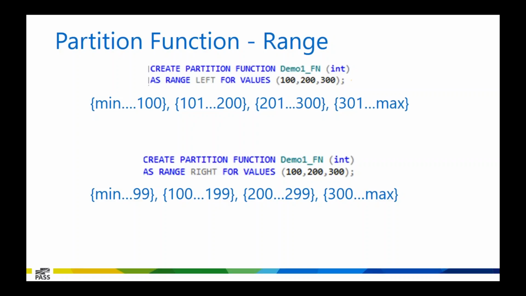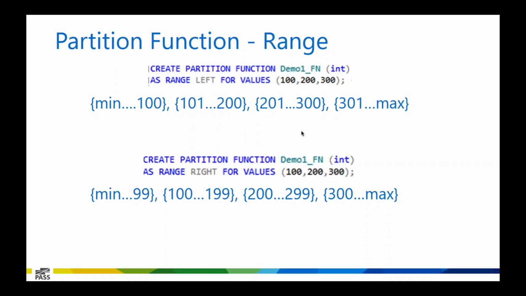So the first one, it's range left, so as I mentioned before, null, because it's partition 1, and anything less than and including 100 will be in partition 1. So anything that's greater, in this case since we're using an int, the next value would be 101, including 200 will be in partition 2.